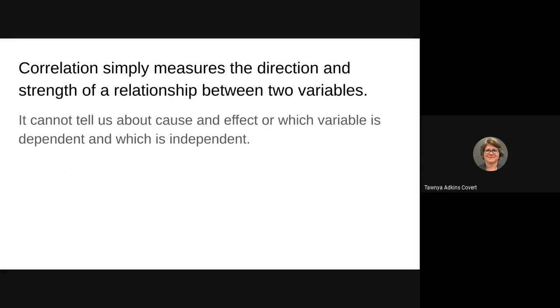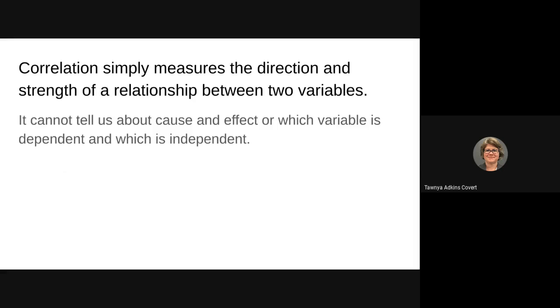It makes a whole lot more sense to say that temperature controls or has an impact as an independent variable on ice cream sales, and that the warmer it is, the more ice cream people are going to want to buy, and the colder it is, the less ice cream someone's going to want to buy.